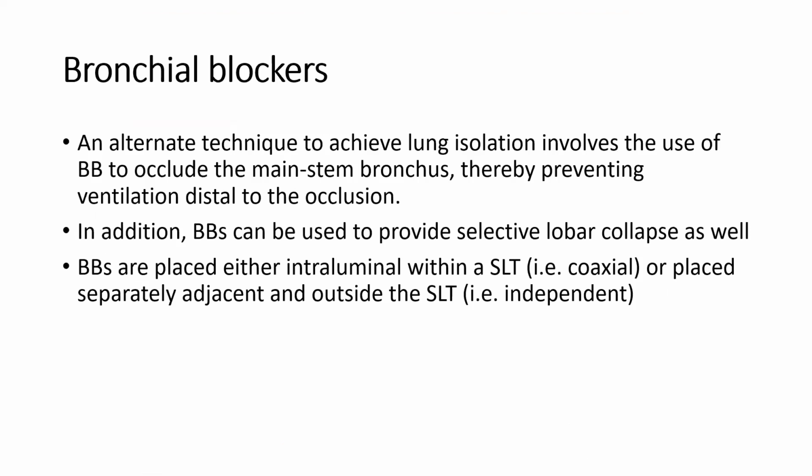All right, now we go to the second device, which is a bronchial blocker. This bronchial blocker is an alternative to the double lumen tube to achieve one lung ventilation.